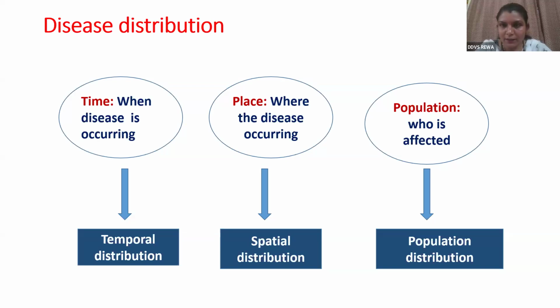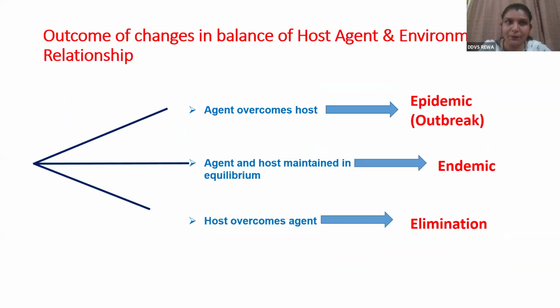Place is where the disease is occurring; many geographical conditions, which affect the overall climatic condition, also affect the distribution of disease. This is referred to as spatial distribution. And the most important one is the population, because infectious agents require a susceptible population for their occurrence, and the population distribution plays an important role.